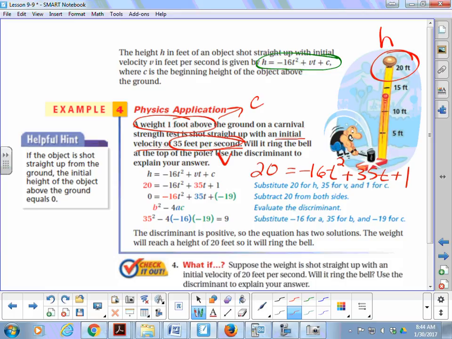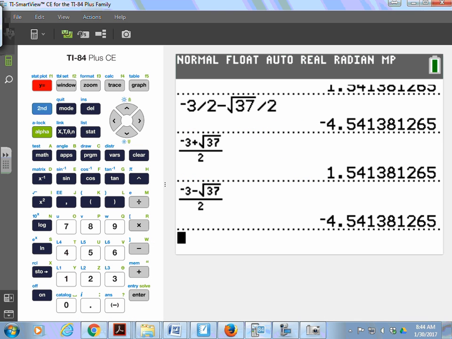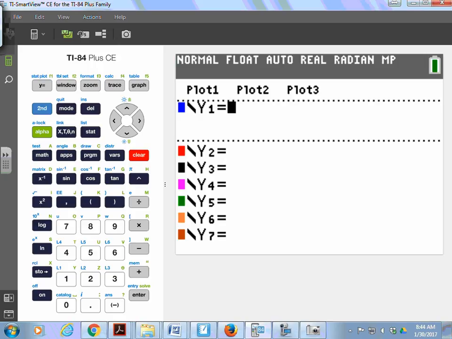And all we need to do is plug that into our y equals and see, is it going to make it to 20 feet? Negative 16 squared plus 35x plus 1.